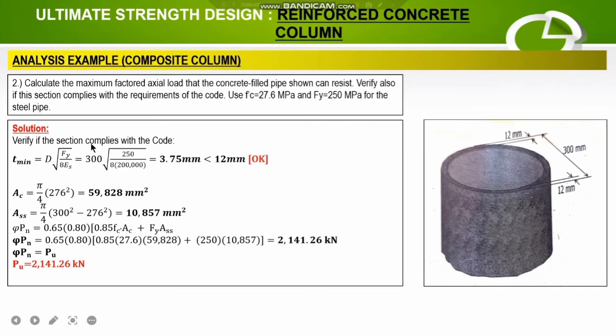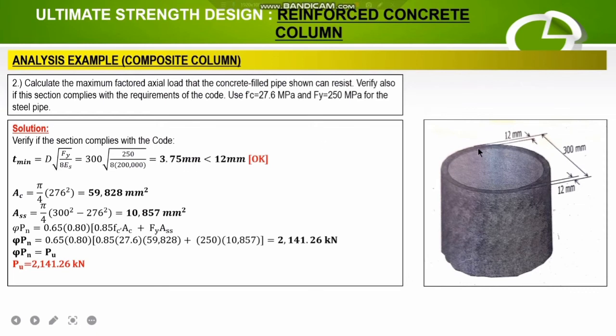So verify if the section complies with the code. As per code, thickness minimum is equal to d times the square root of Fy over 8Es. So plugging in the values, T minimum is equal to 300 times the square root of 250 over 8 times 200,000. 200,000 is the equivalent of Es, or the modulus of elasticity of steel. So T minimum is equal to 3.75 mm.